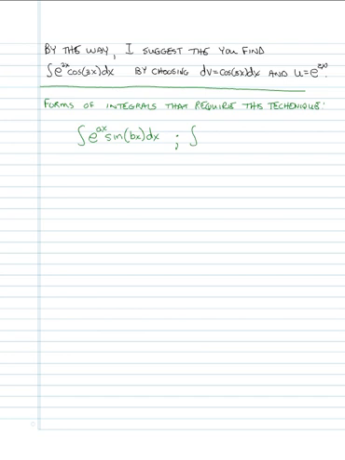So another possibility is e to the a times x times cosine of bx. In other words, when we have e to the power times sine or cosine in our integral, these would be perfect examples where we have to use the technique that we just saw.